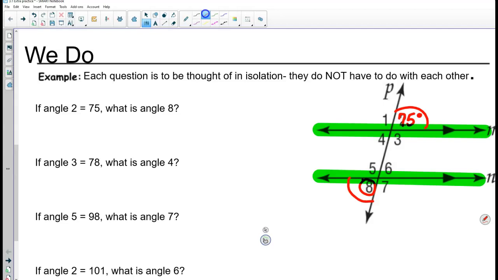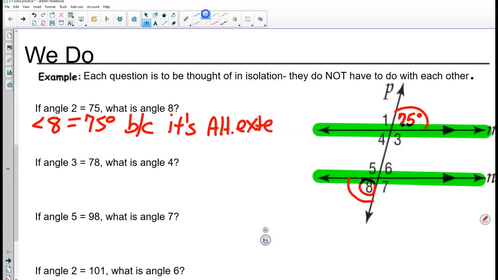So that would tell me right away angle 8 equals 75 degrees. And that's because they are alternate exterior angles with angle 2, or 75, whatever you want to call it.